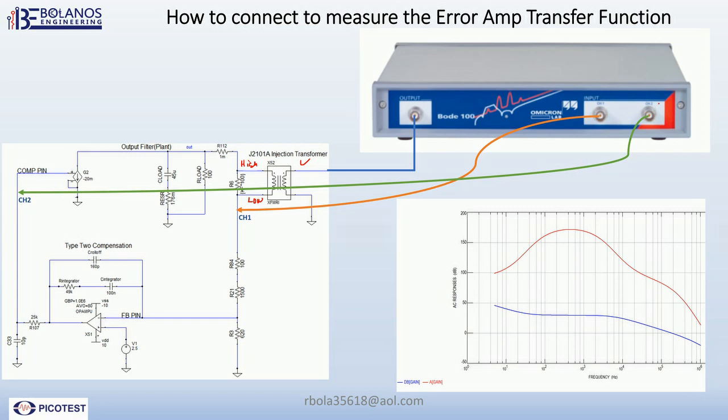Channel 2 we're going to connect to, again, the COMP pin of the PWM, and then channel 1 will go to the low side of the injection resistor. Once you have it connected, you should get a waveform that looks very similar to this. Here you can see the 0. Here you can see the pole.